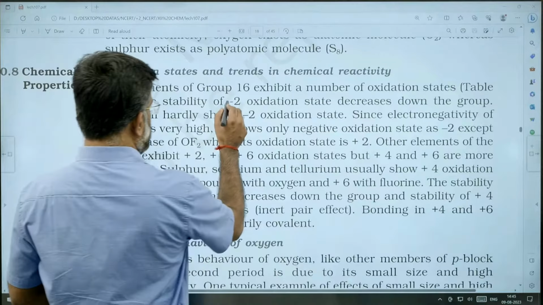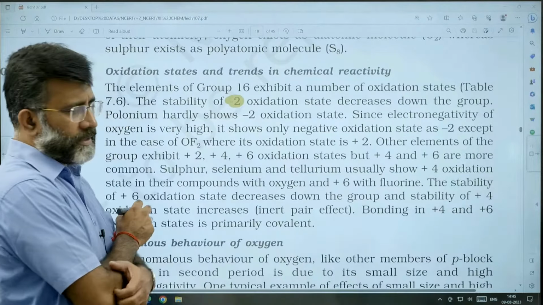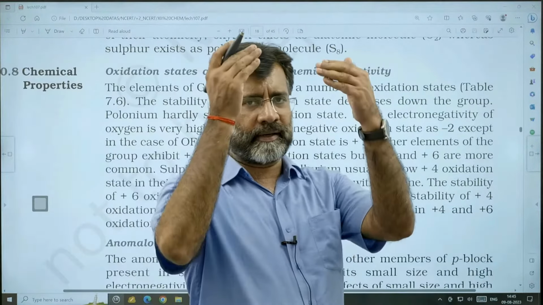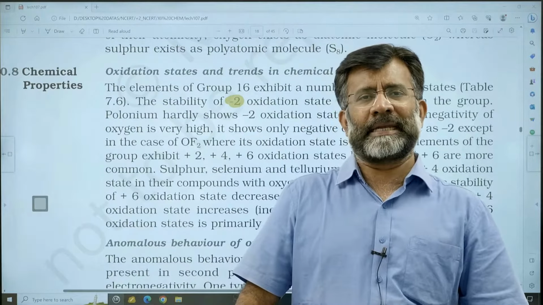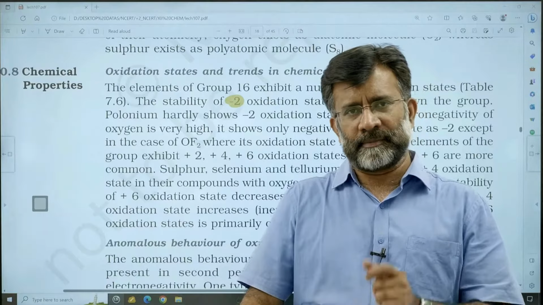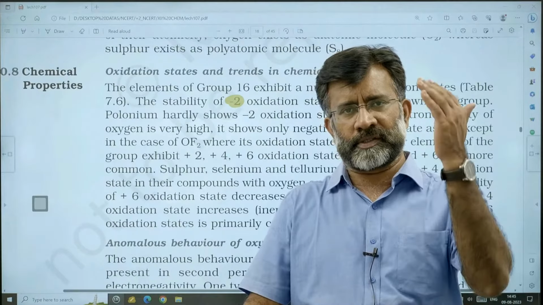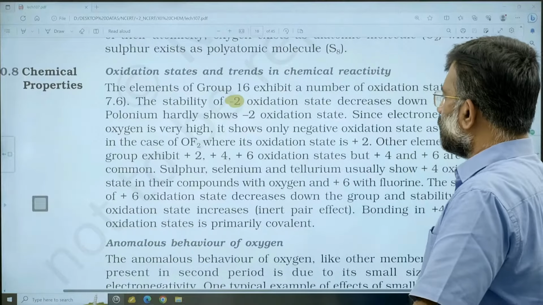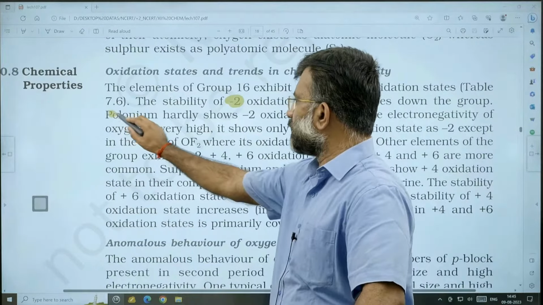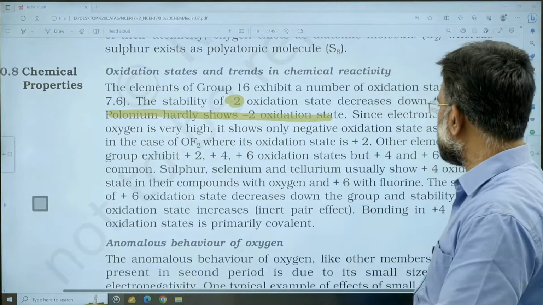General oxidation state is -2, but the stability of the -2 state decreases down the group. As everyone knows, down the group metallic character increases, so the stability of the -2 oxidation state decreases. Polonium hardly shows -2 oxidation state as it is a metal.